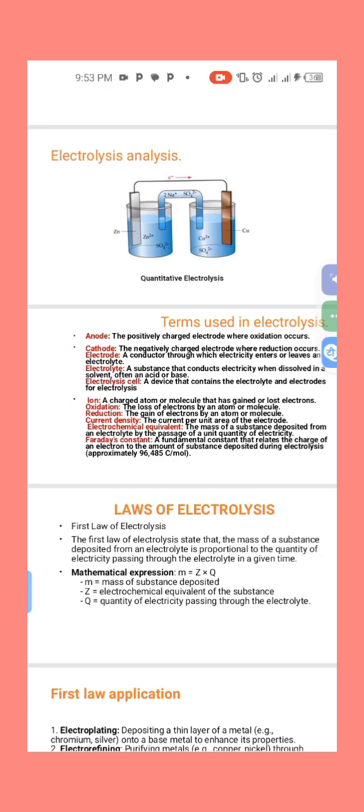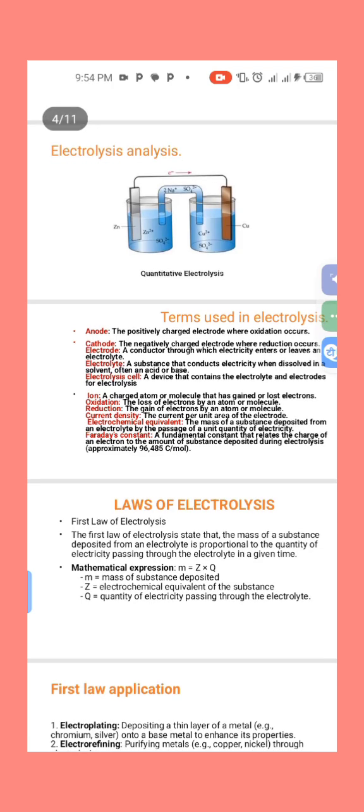So all these electrolytes, they are electrolytes because when they dissolve in water, they are very ionizable and also they generate electricity. Another example of this is the electrolytic cell, a device that contains the electrolyte and electrodes of electrolysis.